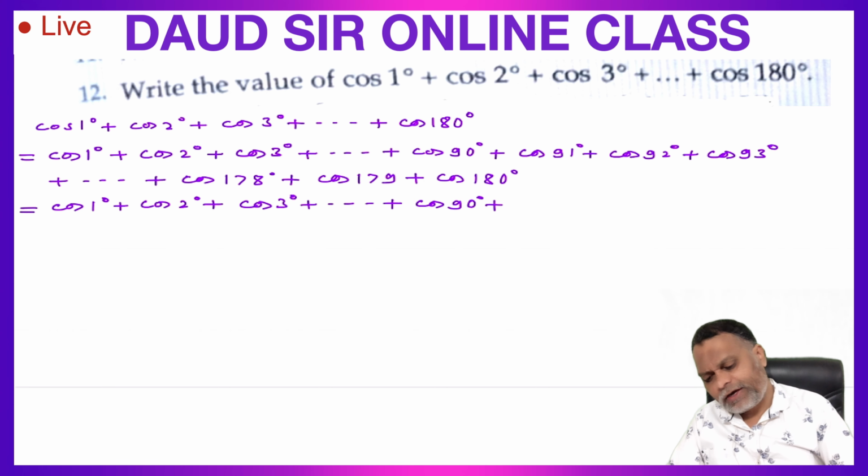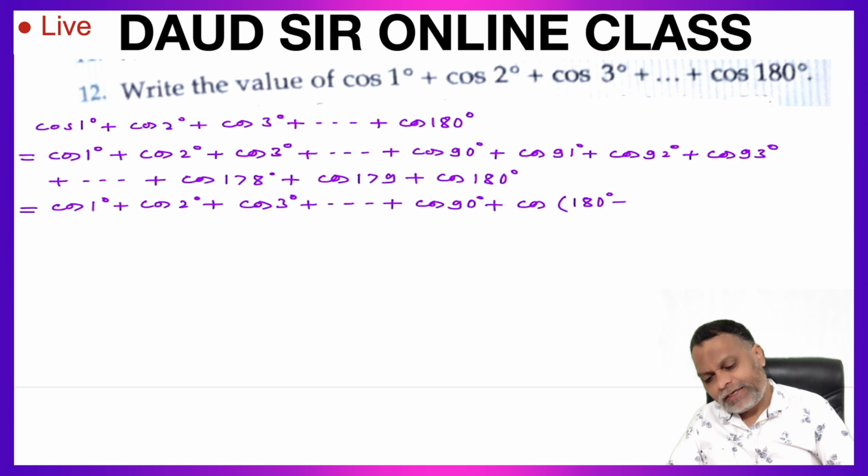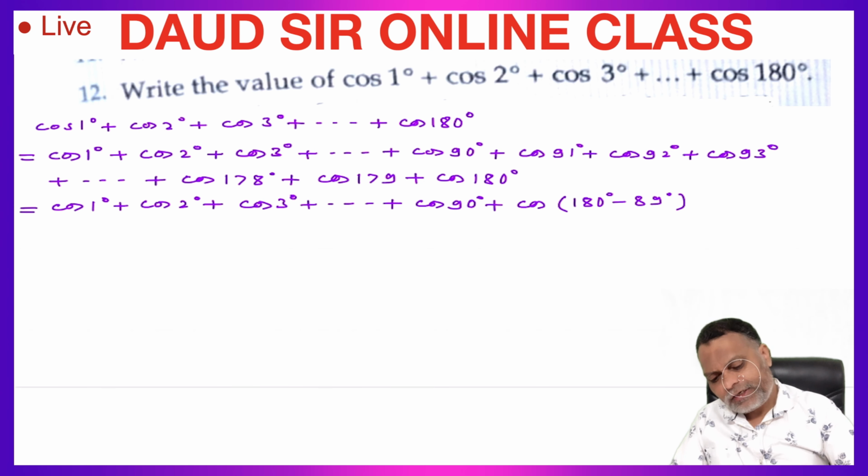And this 91 can be written cos 180 minus 89 degree. And this 92 we can write cos 180 degree minus 88 degree.